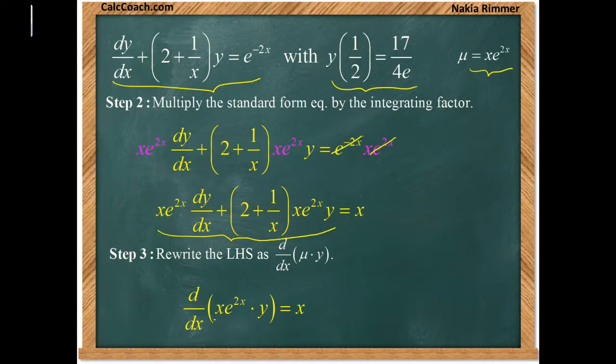What's your mu? Your mu is x e to the 2x. Do nothing to the right-hand side, leave it as an x. And it's desirable to have the left-hand side in this form, because the very next step in the process is to integrate both sides. Let's do that on the next slide.